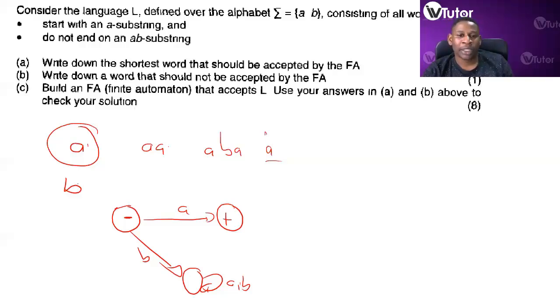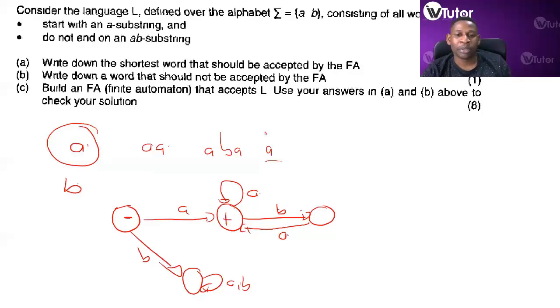So if you have got another A, it can be accepted. So you keep having A's, you accept it. But the moment that you have a B, you go to a non-final state. So if after a string of A's you've got a B, you go to a non-final state. And if you are sitting here and you have gotten an A, you can go back to a final state.